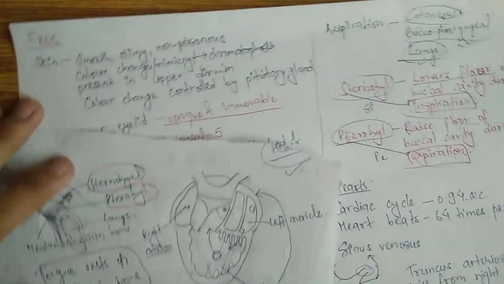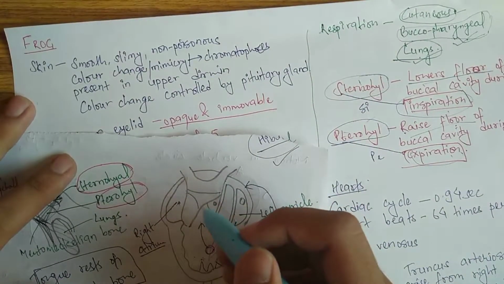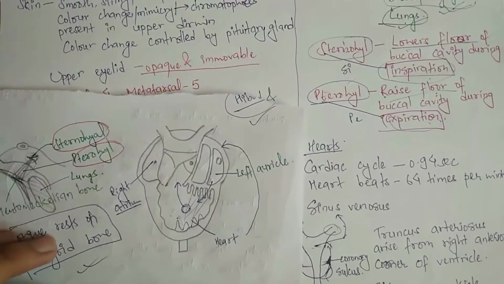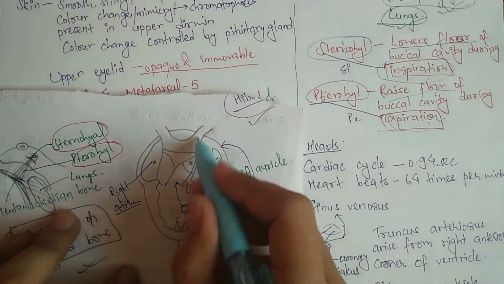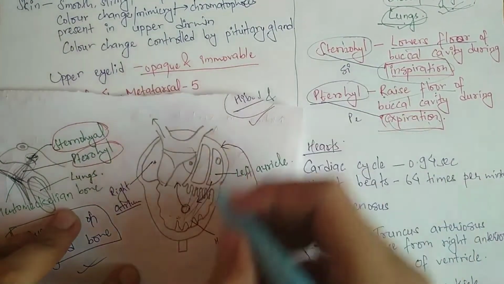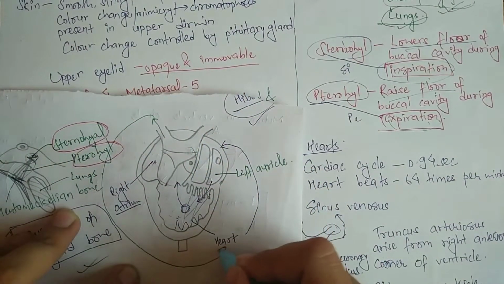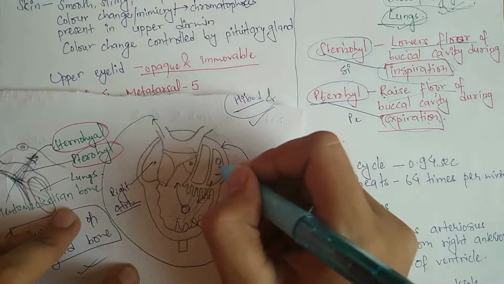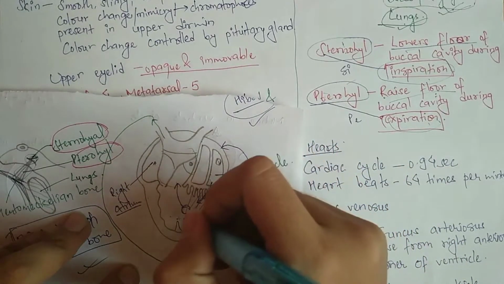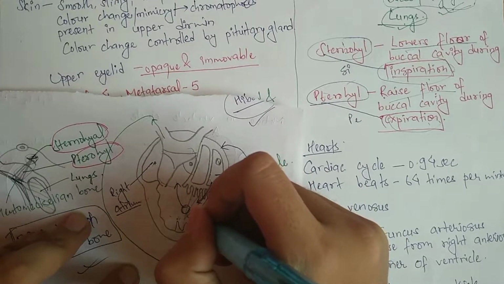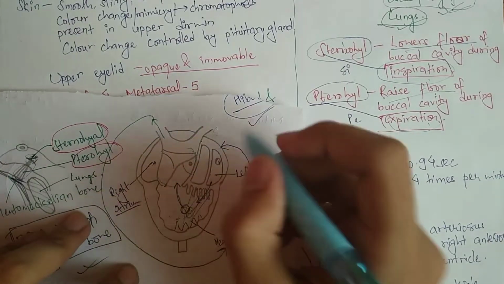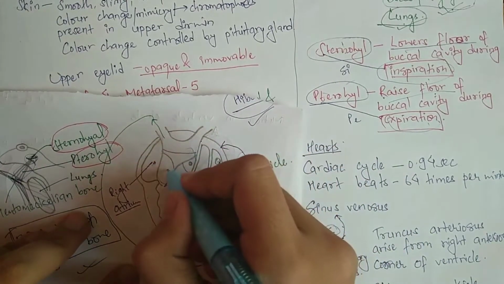Then let's talk about the truncus arteriosus. So this one is the truncus arteriosus. From here blood will go to the heart for purification, and from the heart it will come into the left auricle, from which it will enter into the ventricle, and from the ventricle this will move to the truncus arteriosus. Now the truncus arteriosus is divided into right and left.